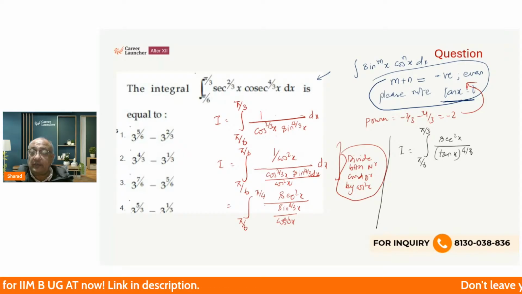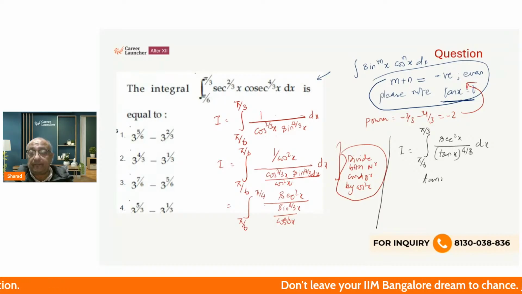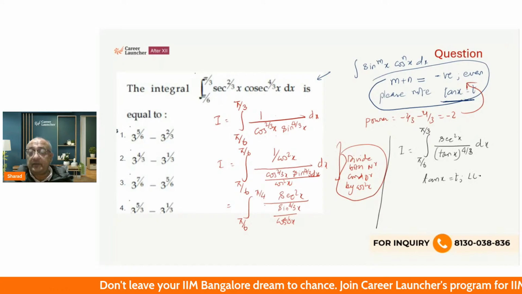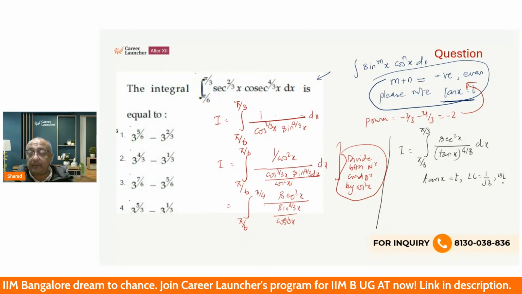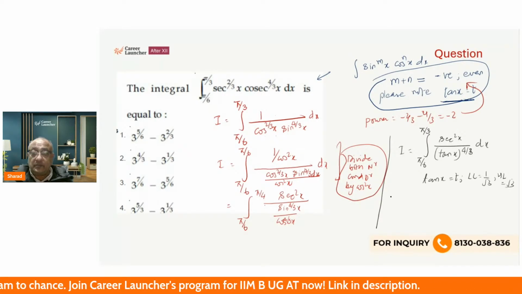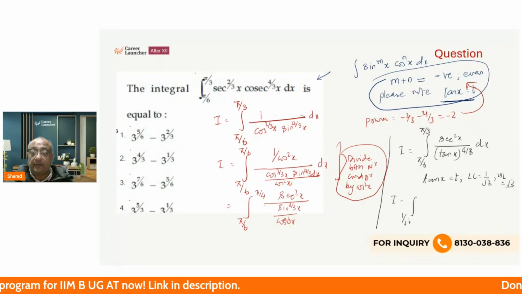Simple funda: I'll put tan x is equal to t. My lower limit will become 1 by root 3, and the upper limit will be equal to root 3. So this definite integration will be from 1 by root 3 to root 3.